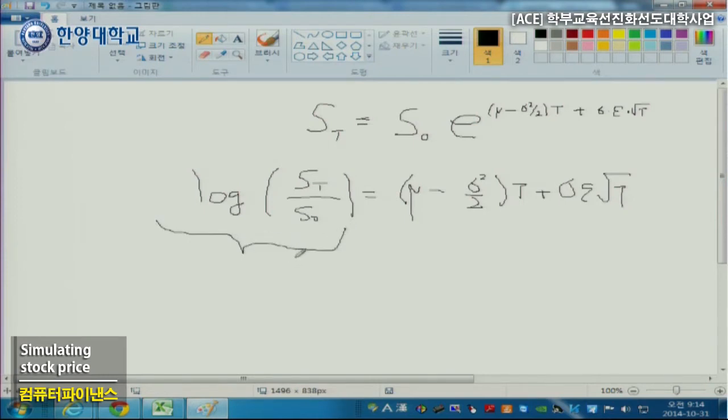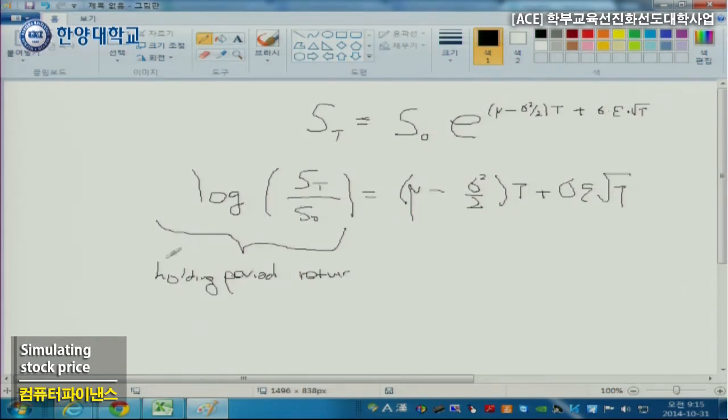If you buy a stock at time 0 and hold it up to time T, it is called the holding period return. It means how much money you actually make.